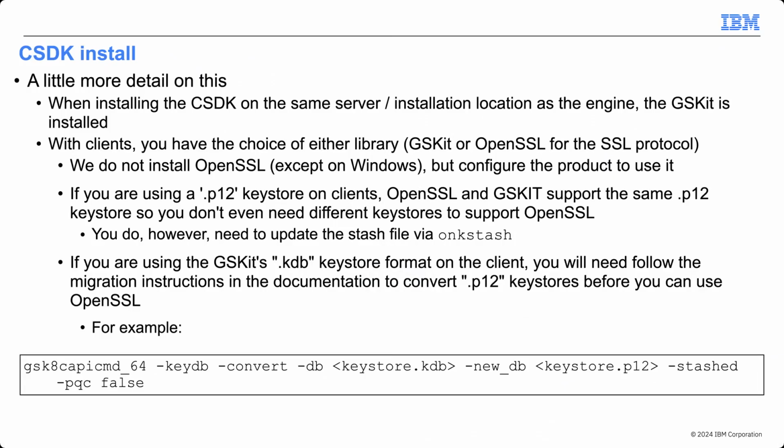You will have to update the stash files, though, for the key stores to work. If you're using the GSKit's proprietary KDB format on a client, though, you will need to convert those to P12 key stores. And there's an example of the conversion command down below, which will help you make that change.